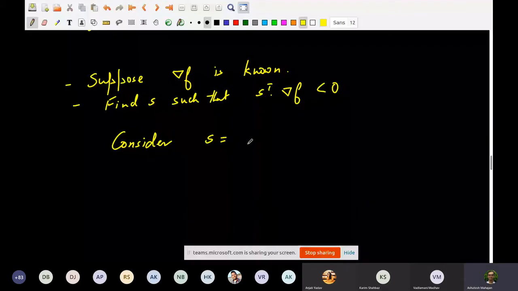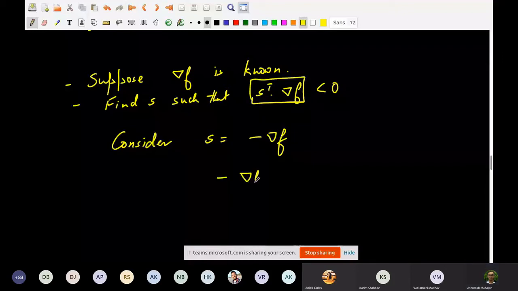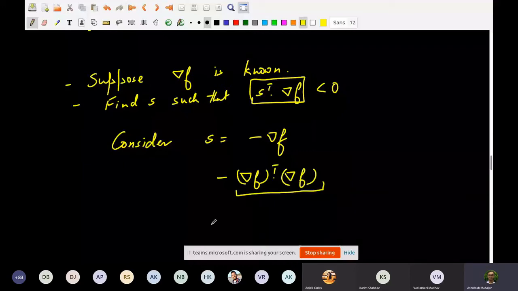So then what does this term become? This becomes minus of gradient of f transpose gradient of f. And what is this? This is just a sum of squares. So this is equal to -1 into the sum of squares.